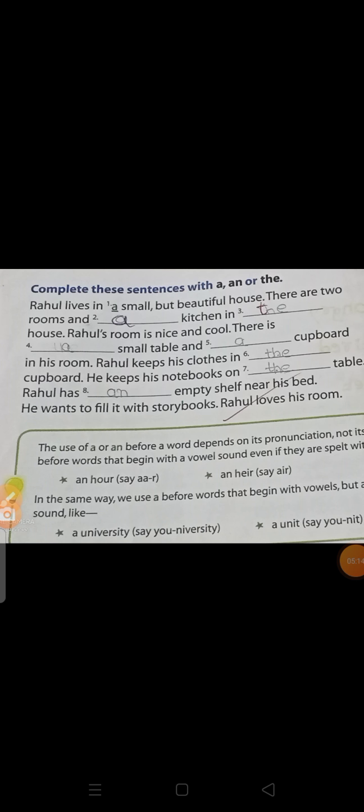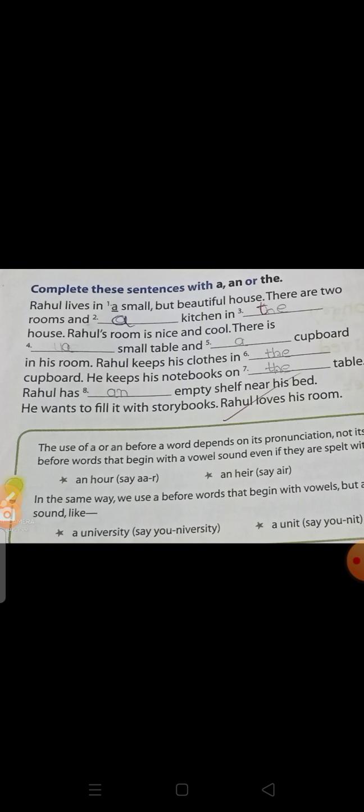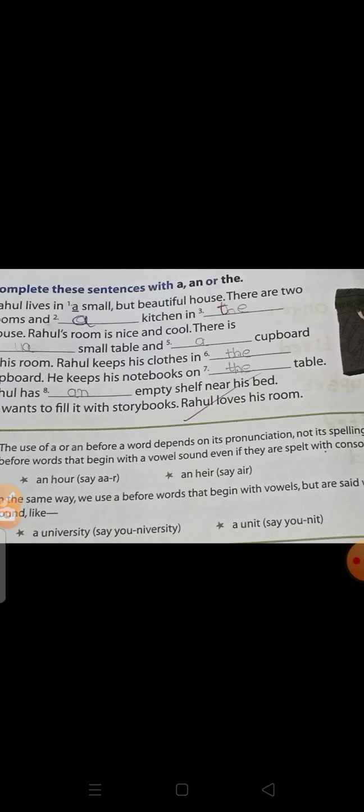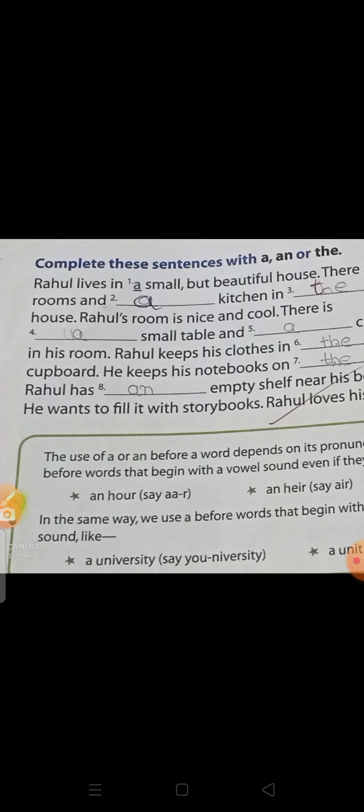The house, we already used the first time there, and we are using it the second time here. So, the house. Rahul's room is nice and cool. There is a small table and a cupboard. In his room, Rahul keeps his clothes in the cupboard.